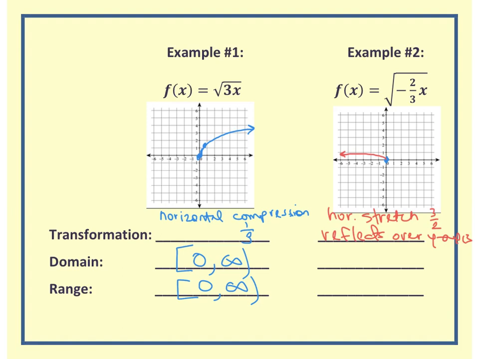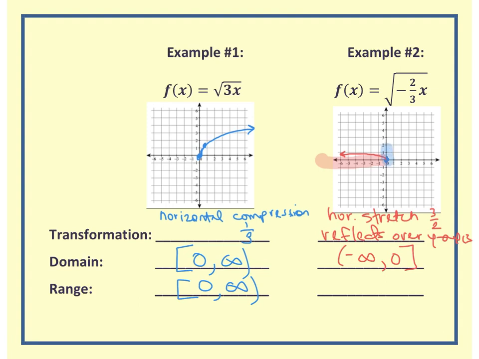Now my domain is affected. Because it reflected over the y-axis, what is my lowest x value? Well, it's going forever to the left. That's negative infinity. Where does it end? My domain is going to be negative infinity to 0. My range is still my lowest y value.